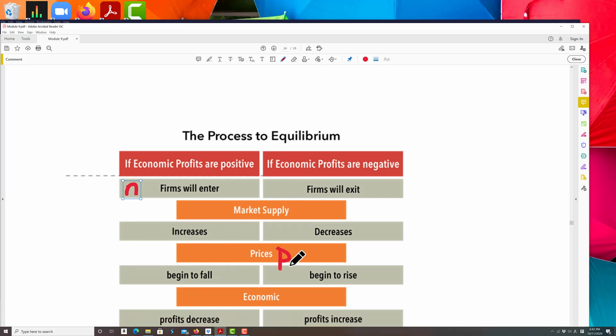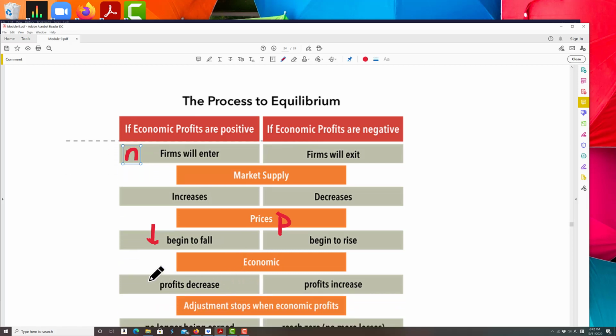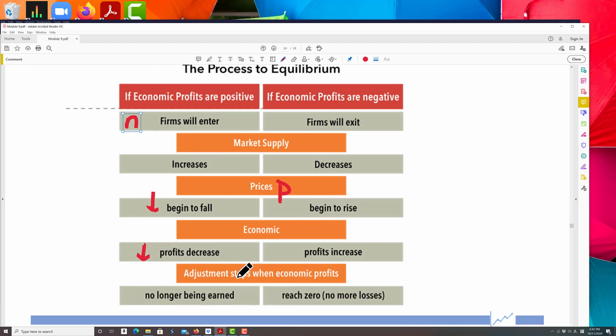As a result, market price falls, and economic profits fall until they reach zero economic profit. Once profit is zero, no firm has an incentive to enter the market or exit from the market.